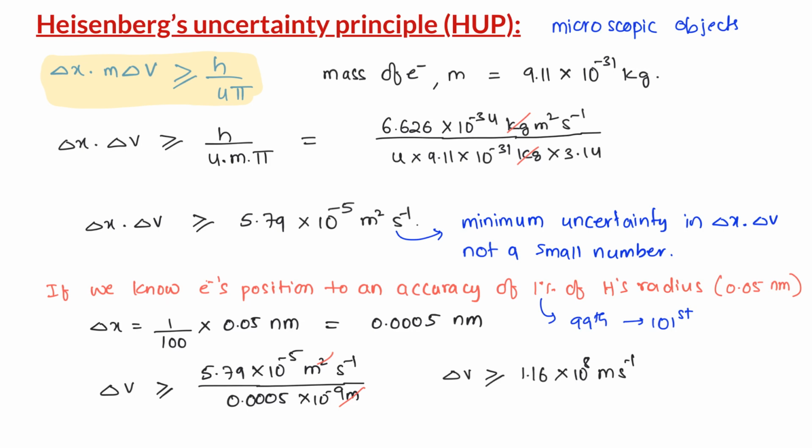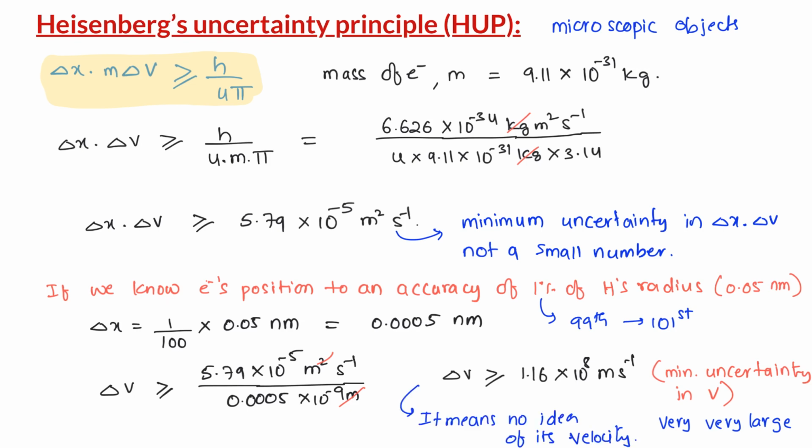The minimum amount of uncertainty in the velocity of an electron is an extremely large number. If you can identify, it is of the same magnitude as the speed of light. This amount of uncertainty means we can safely say that we have no idea of the velocity of the electron.